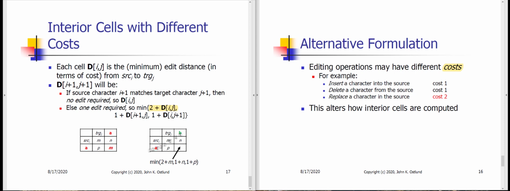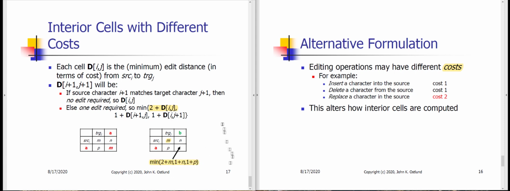But in the case where the two characters are different, now, in order to get from one of these other cells to fill in this cell for A versus B, we're going to have to figure out the minimum of 2 plus the replacement, or 2 plus M, okay? 2 plus M is the cost of doing a replacement, or 1 plus the cost of doing an insert, or 1 plus the cost of doing a deletion.